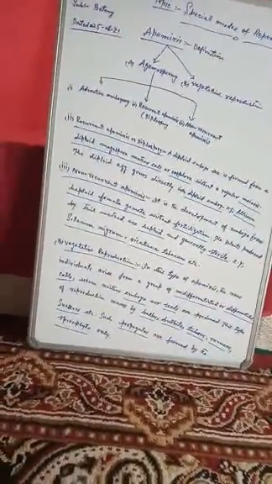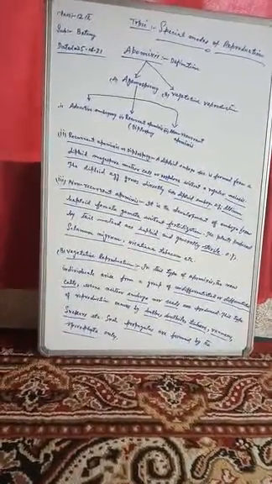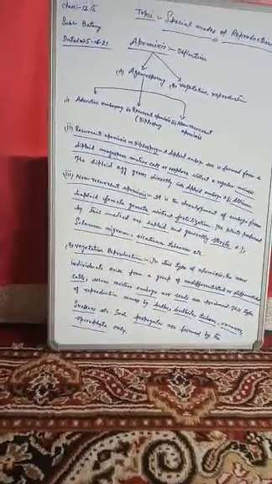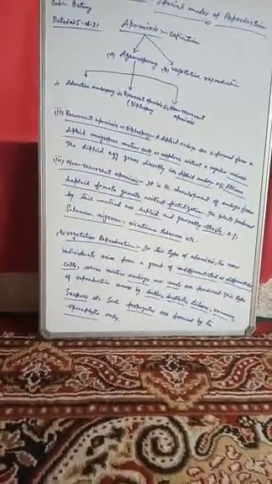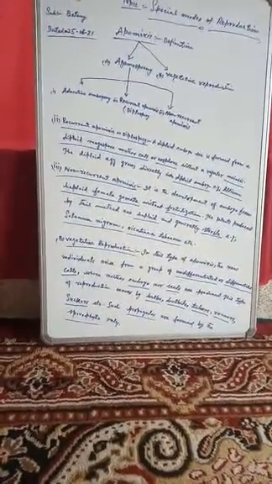Today we will discuss the second type of agamospermy, that is recurrent apomixis or diplospory. So what is this recurrent apomixis or diplospory? We will see here.